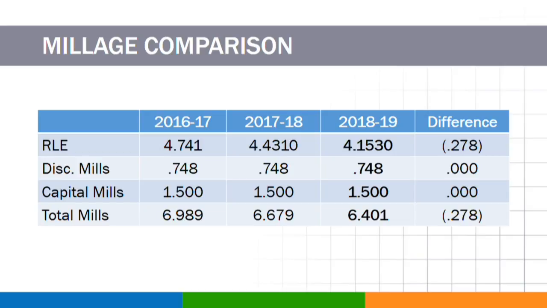You have the option not to do it. However, if you don't do it, there are some offsetting consequences. You must do that in order to get the full amount from the state. There's the capital outlay millage of 1.5 mils, and so total mills of 6.401, which is a decrease of 0.278 from the previous year's millage rates.